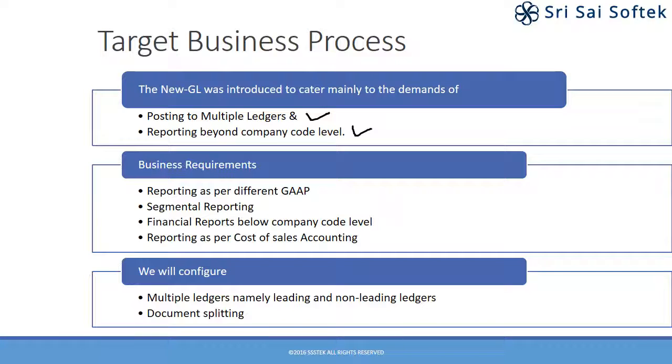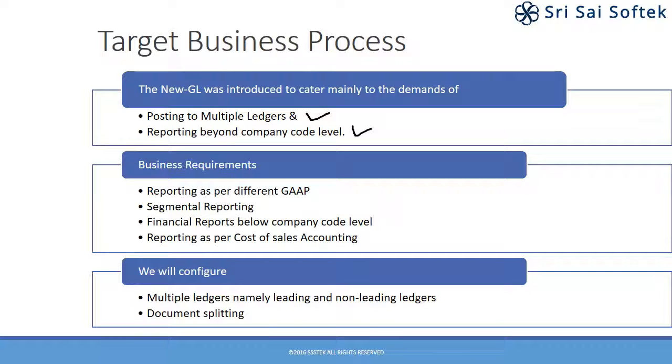By reporting beyond company code level, what we mean is, so far you were able to generate the reports only for the company code level because the balance sheet and profit and loss account were posted at company code level. Now let us say you want to take a report for profit center accounting.